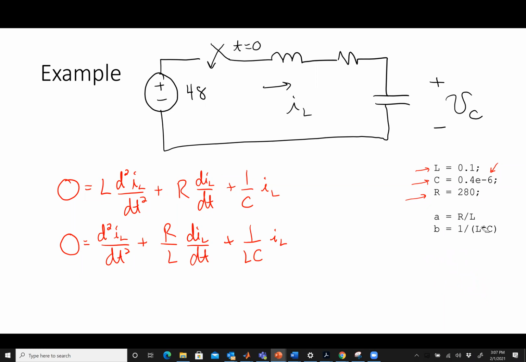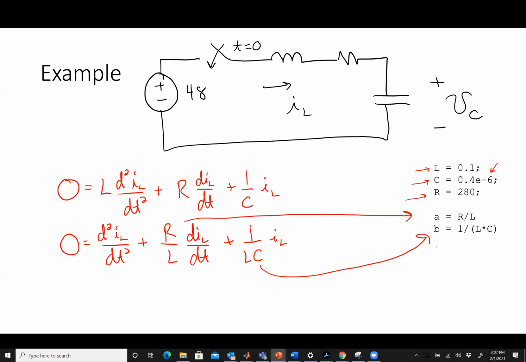But notice what I did was I just pattern matched here. I said A is R over L and B equals 1 over LC. That's how I would do this if I were entering stuff in MATLAB like this. I like it like this because then I can easily see all the equations and check to make sure they look right. It's a lot easier than trying to look at each entry on my calculator.